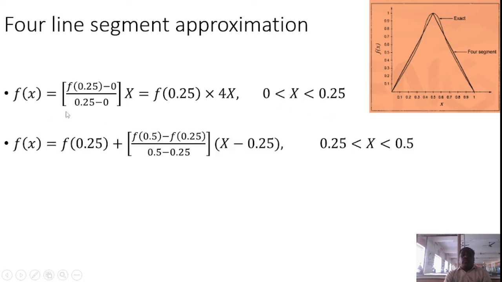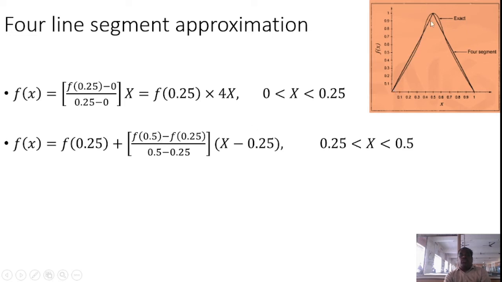And then what is the second line segment? The second line segment starts from 0.25 and ends at 0.5. So the boundary condition looks like 0.25 less than x less than 0.5. So the f of x, the second line segment approximation, starts from 0.25. So here I produced f of 0.25 plus square bracket. The second line segment ends at 0.5, so f of 0.5 minus the previous point.